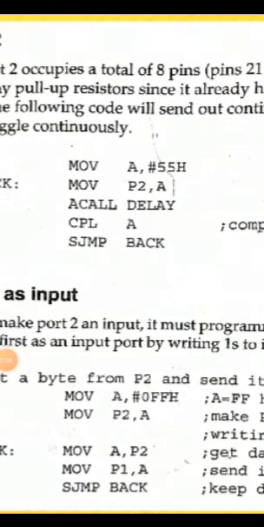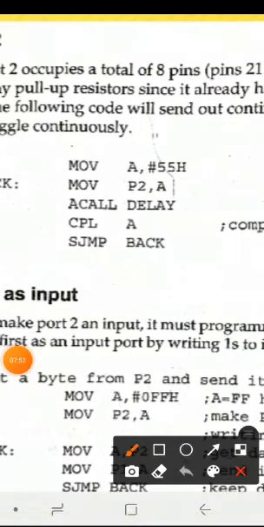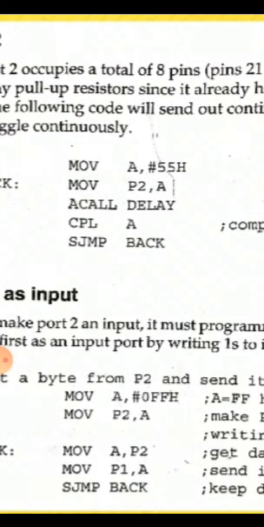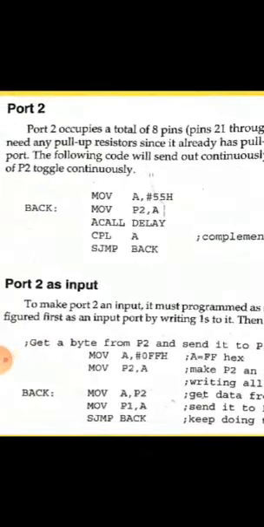This instruction says that the information goes from port 2 to A, and again from the accumulator to port 1.